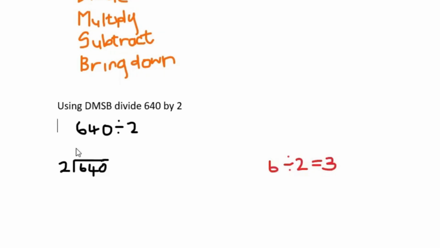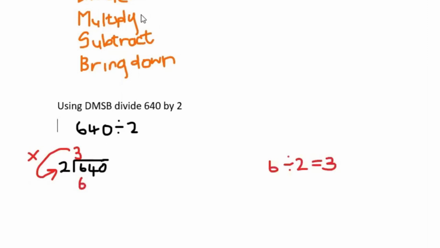So 3 becomes your coefficient, place it on top of the bracket. The next step is multiplication. What are you multiplying? The 3, which is your coefficient, by 2. And what is 3 multiplied by 2? The answer is 6.